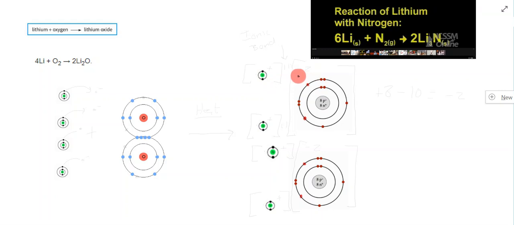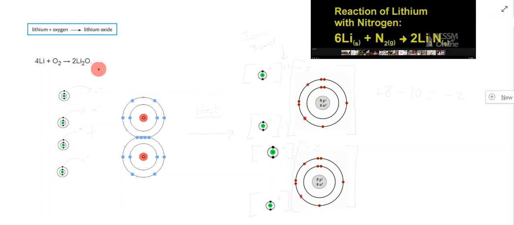Now, it develops a minus 2 negative charge, so that means it has 2 more electrons than it has protons. So as a result of that, each of these lithium ions will have a plus 1 positive charge. So that will enable 2 of these lithium ions to bond with 1 oxygen ion.